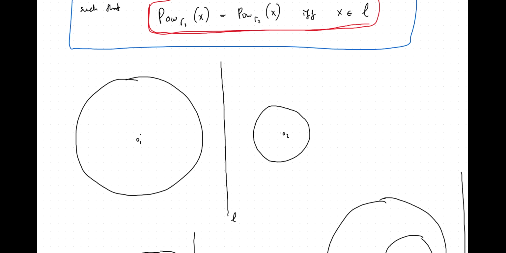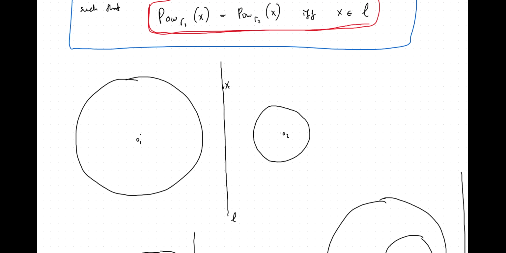So when the radical axis is given, for example, when you take any point x on this, you know that the power of x to this circle and the power of x to this other circle are the same. So can I basically draw other circles in between? To extend this to an infinite family of circles, all of them will have the same value of power with respect to point x.